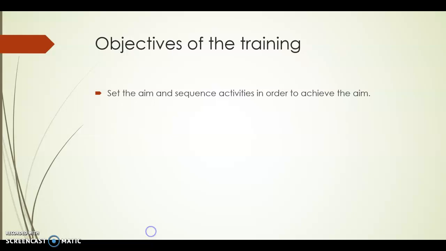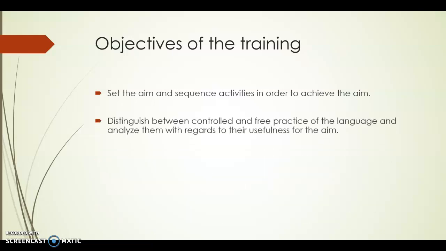Next, teachers will learn how to distinguish between controlled and free practice activities and be able to analyze them according to their usefulness when achieving the aim. Again, this will help focus the lesson and prevent spending time on practice that is not achieving the aim of the lesson, however great that activity might be. As a result, students are more focused, more engaged, and more learning happens.